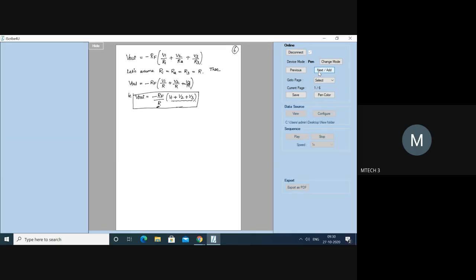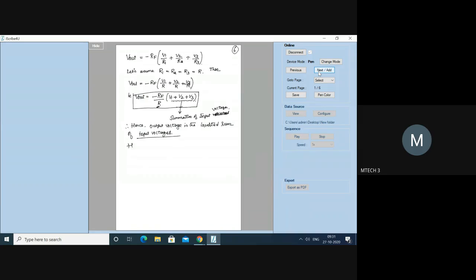What is V1 plus V2 plus V3? This is the summation of input voltages. Hence, the output voltage is the inverted sum of input voltages.